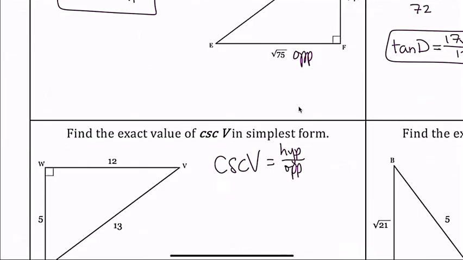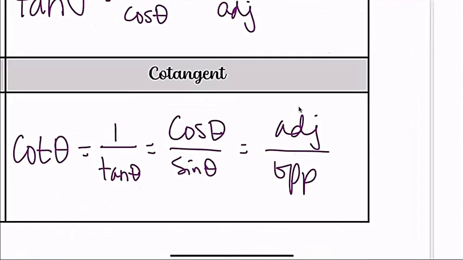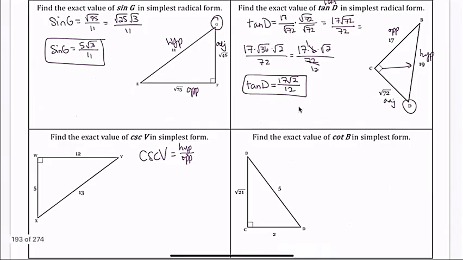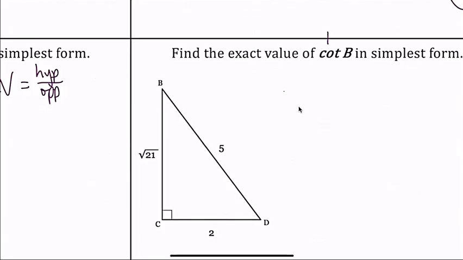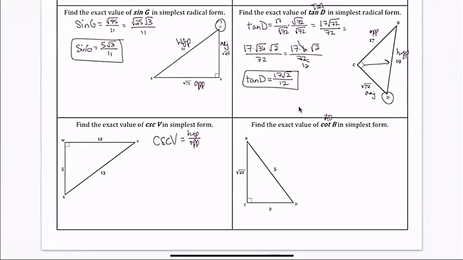Remember, I'm never going to ask you to memorize these. They're in your journal, as well as with a sticker on the back. And the last one was cotangent, which is adjacent over opposite. Okay, so go ahead and try those and come on back. They're real quick.